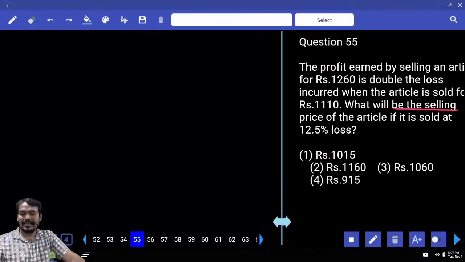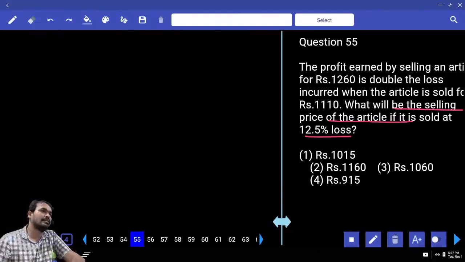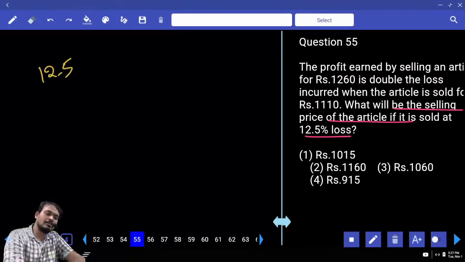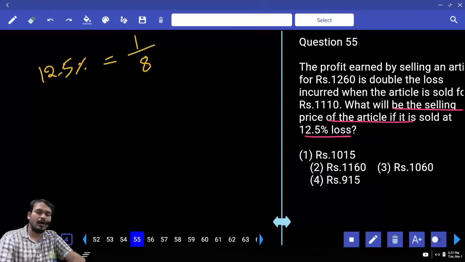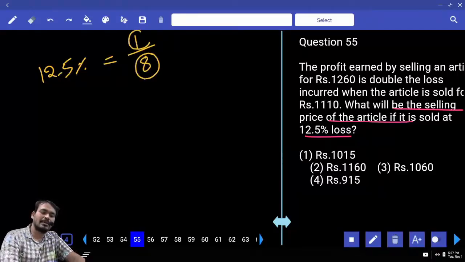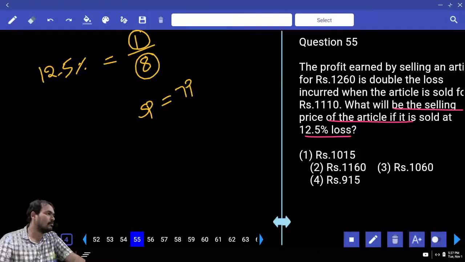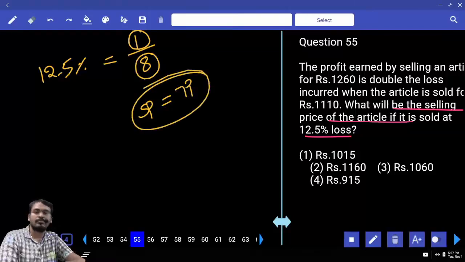We require the selling price if it is sold at 12.5% loss. What is the fraction? 1 by 8. Out of 8 parts, 1 part is loss, so the selling price is 7 parts. Then the answer must be a multiple of 7. First one is a 7 multiple.